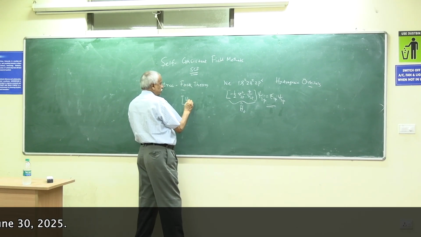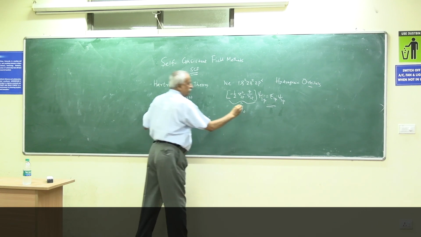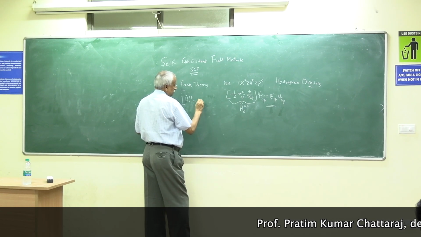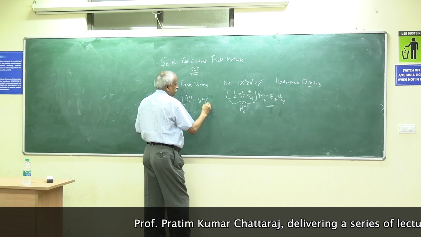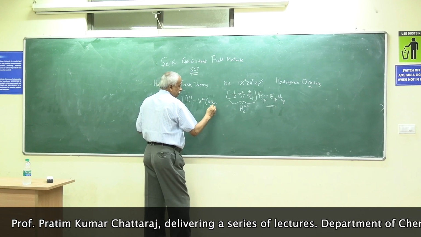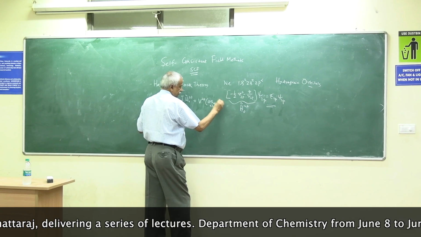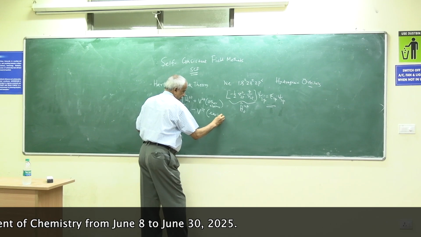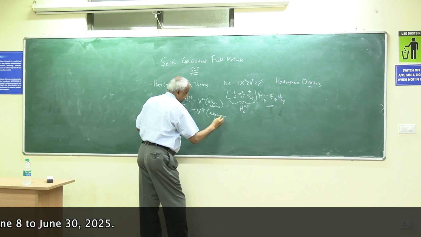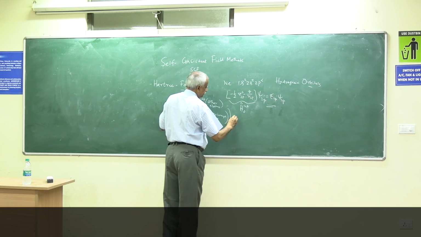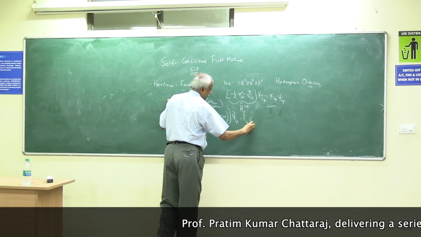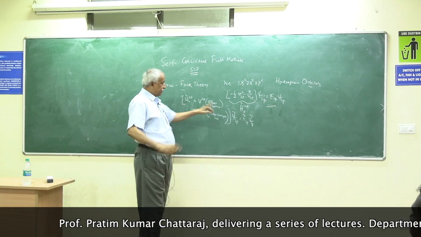So if I have the core Hamiltonian for 2p, plus the 2p electron-electron repulsion with other electrons, minus exchange interactions, operating on psi 2p tilde, equals e 2p tilde psi 2p tilde.